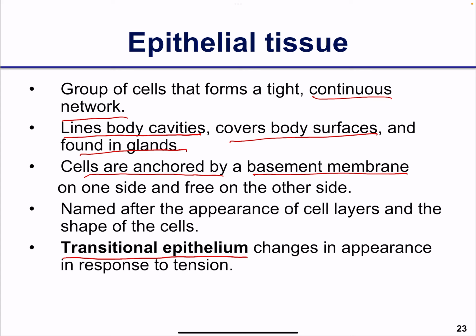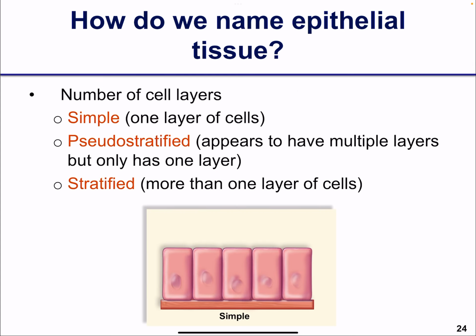in epithelial tissues. Now, based on the shape and the number of layers of cells, we are going to have simple epithelia. The simple epithelia are going to be made up of one single layer of cell, and after that layer of cell, we're going to have the basement membrane.